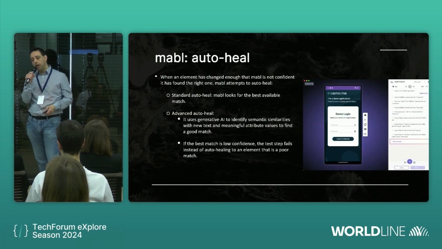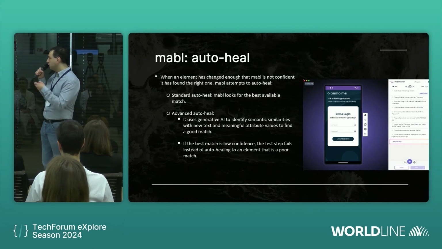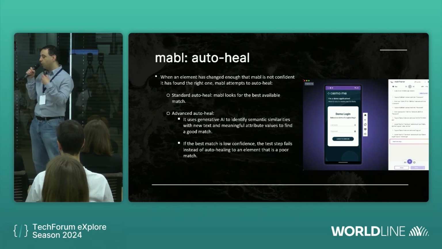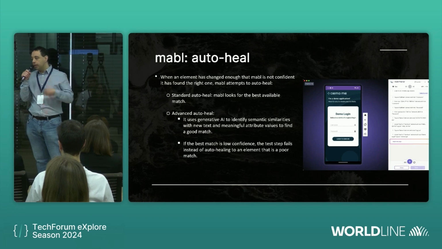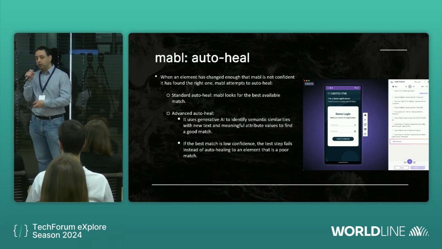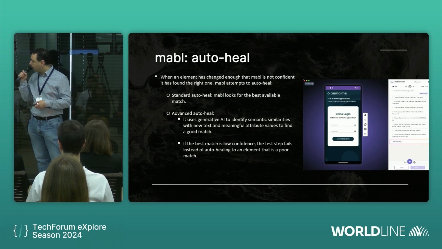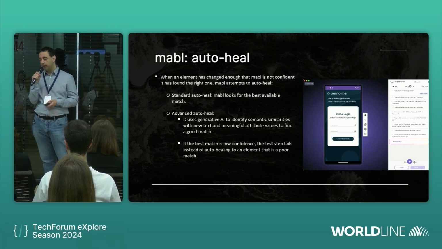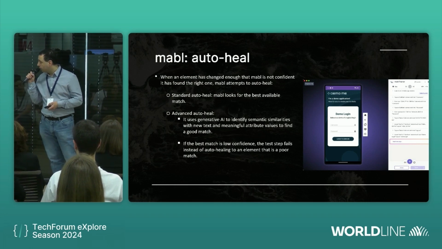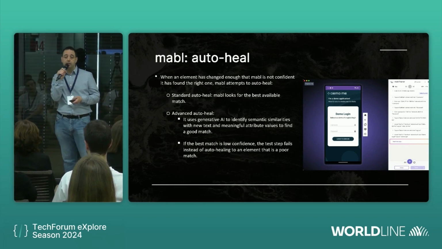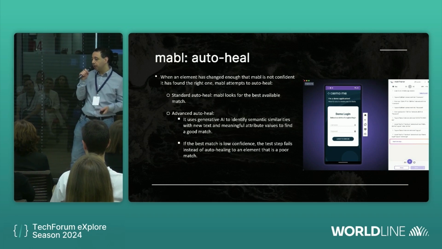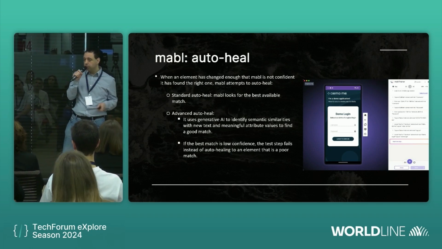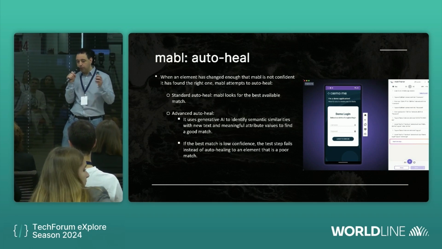So auto heal, how does it work? Well, once the tool runs and it reaches a point where it is not confident that it has found the right element, it tries to auto heal, right? So the first thing it does is, okay, I'm not finding the element I want. Let's look around. Maybe there's something similar, right?